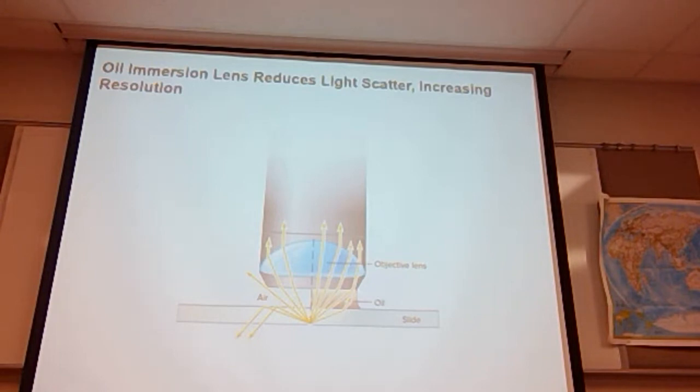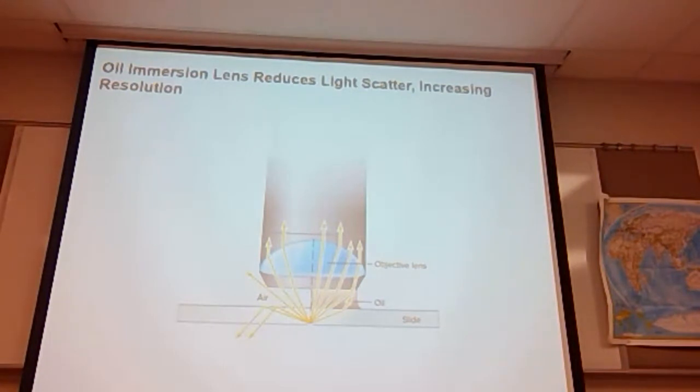However, by the use of immersion oil, that's what's represented by this little brown stuff here. Immersion oil, it just so happens, has the same refractive index as glass. The refractive index is how much a light ray is bent as it passes between mediums of different refractive index.